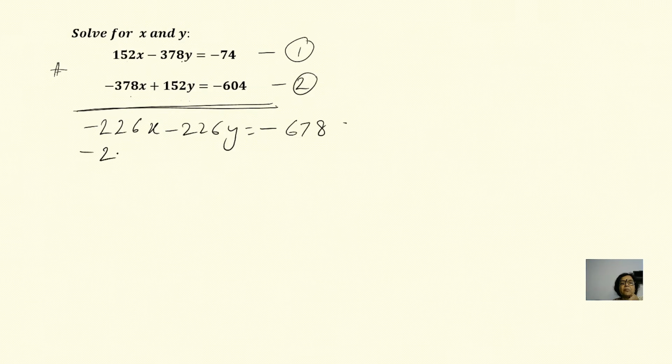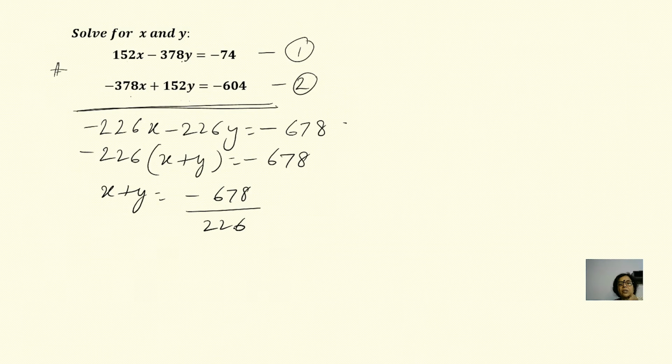So we take out minus 226 common, and we are left with x plus y is equal to minus 678 by 226. The minus gets cancelled, 226 cancels out, and we get 3. So we get a simple equation, x plus y is equal to 3. Number this as equation number 3.